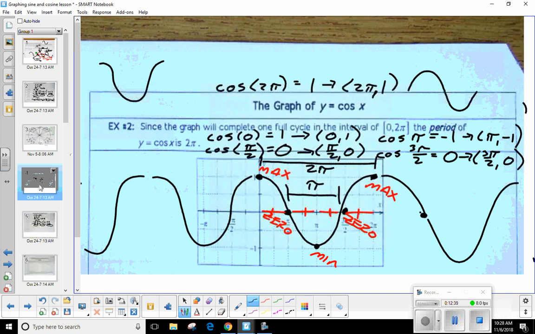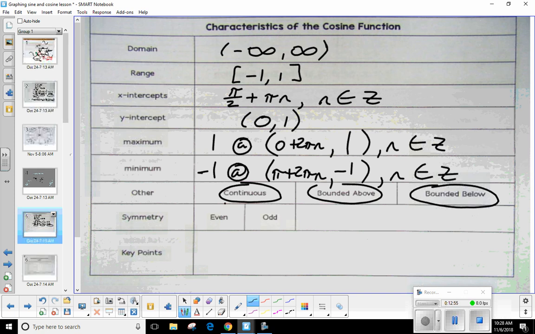Fold it. If I fold it along the y-axis, these two parts are going to come together perfectly. If I rotated it, I would not end up with the same graph. In fact, this maximum would be this minimum. All the maxes and mins would essentially flip. Okay. So this one is even. So we have symmetry with the y-axis.